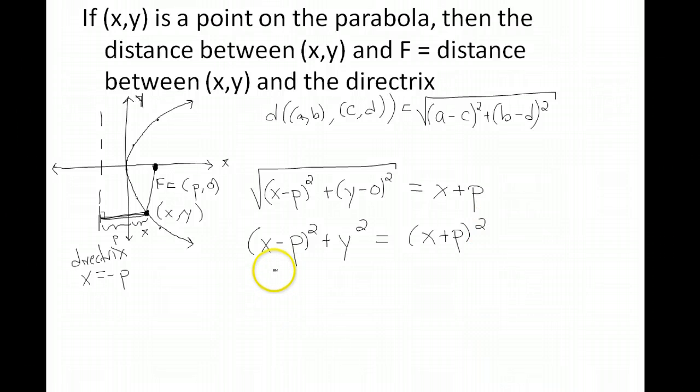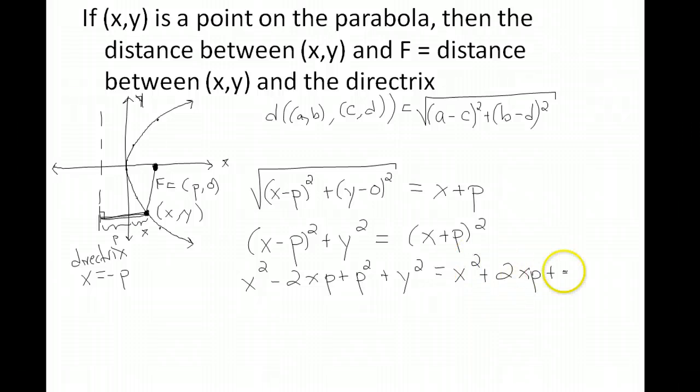Okay, and we do a little bit more work because this still isn't clean enough. We could see that things would cancel if we just square stuff out. So let's square these binomials. So x squared minus 2xp plus p squared plus y squared equals x squared plus 2xp plus p squared. Some things cancel, namely these x squareds are gone.